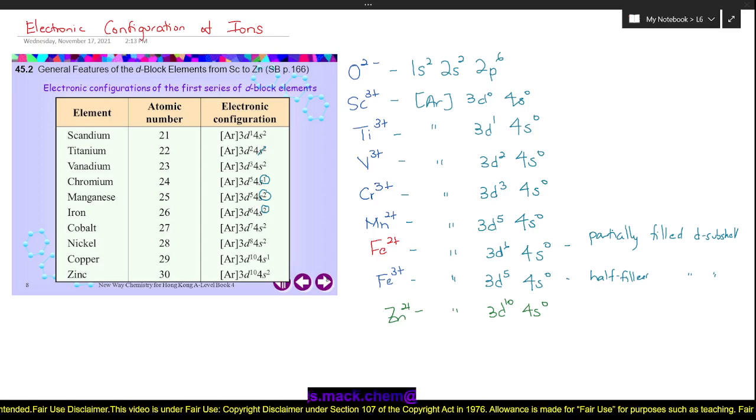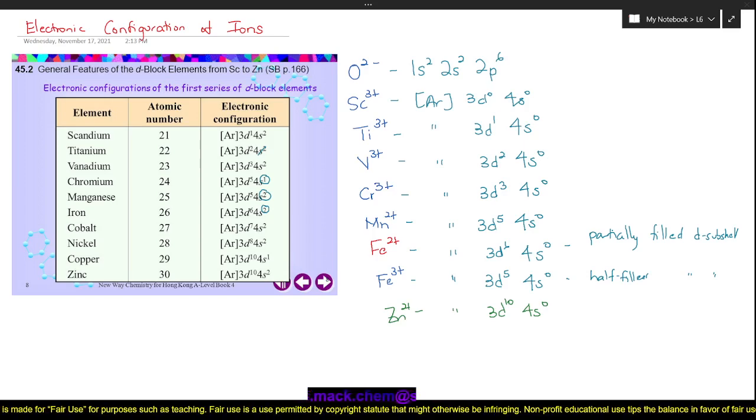We next go to scandium, where its electronic configuration is 3d1, 4s2. We remember that in an atom where the orbitals are empty, the 3d is slightly higher in energy than the 4s, meaning that electrons will fill into the 4s subshell before filling into the 3d subshell.